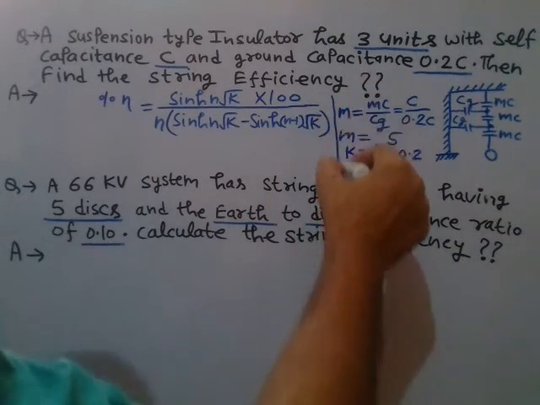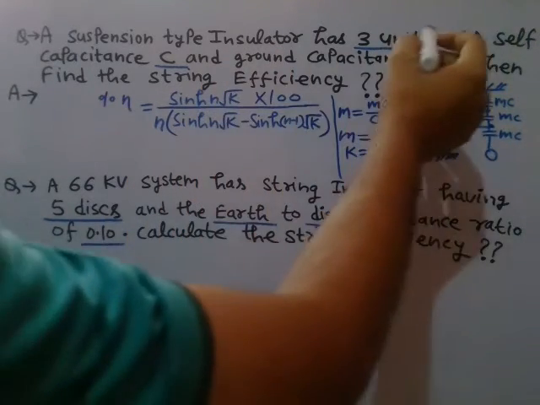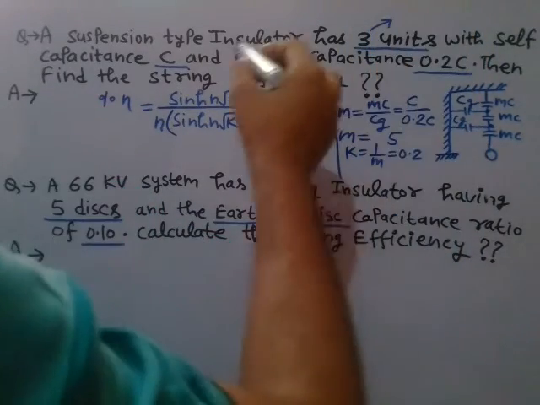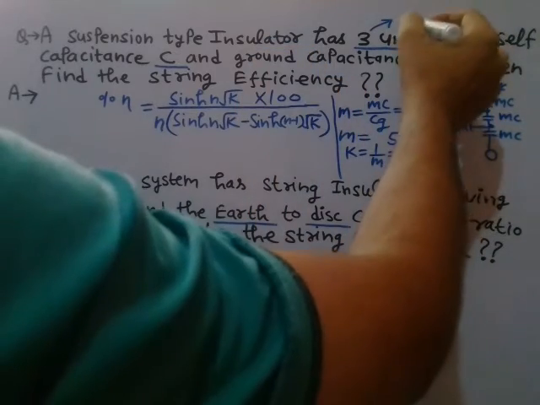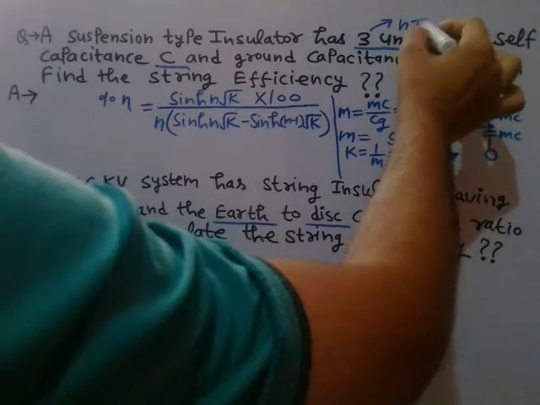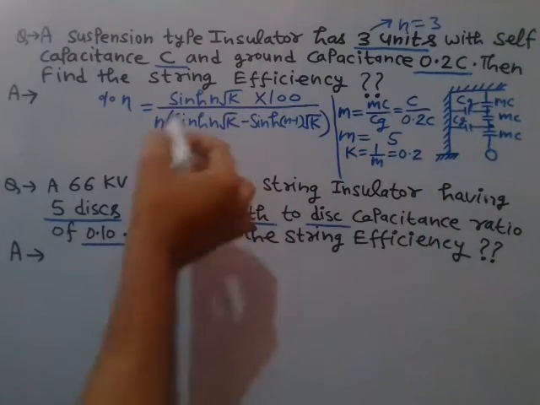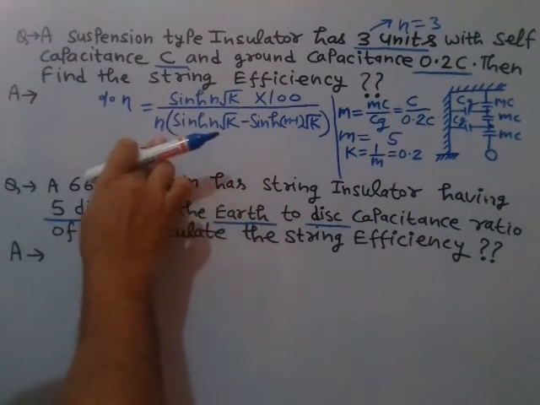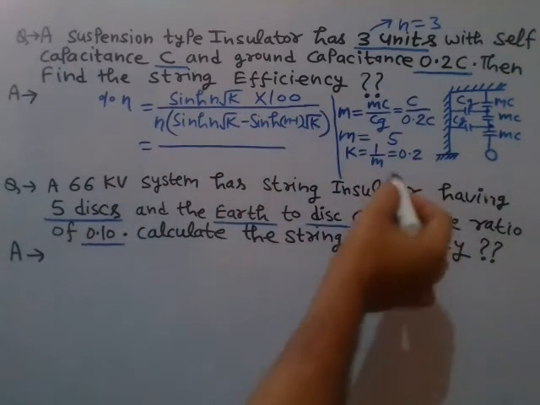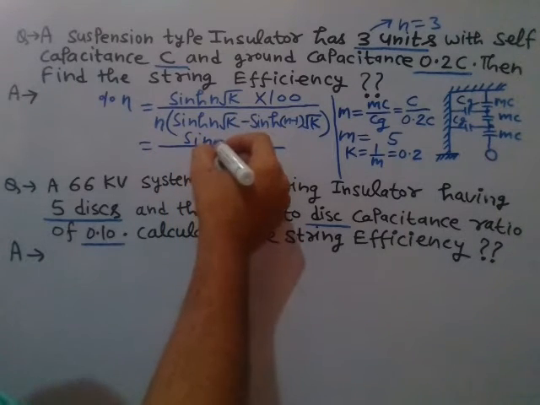So simply you have to put in all these values. What is the value of n? A small n is the number of units, here 3. He has given that this suspension type string insulator has 3 discs, 3 units. So the value of n is equal to 3. Simply put the values of n and k and get your answer, that's it. I will get the answer in a single stroke.